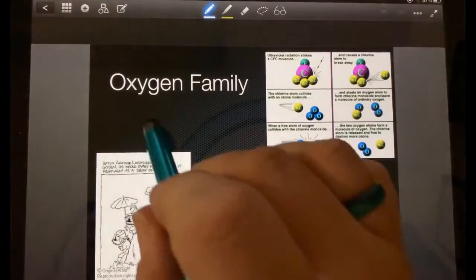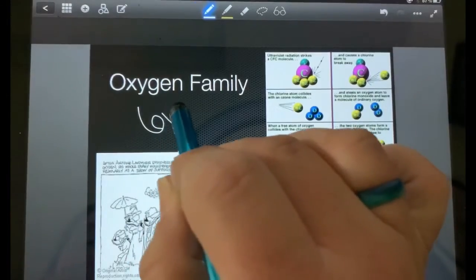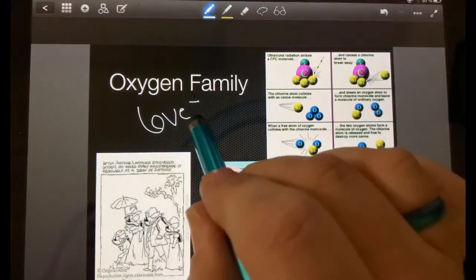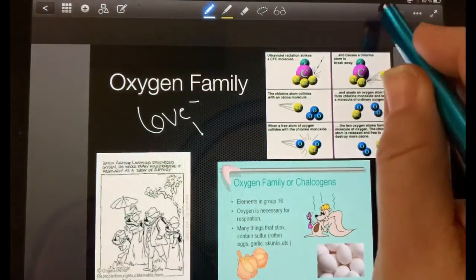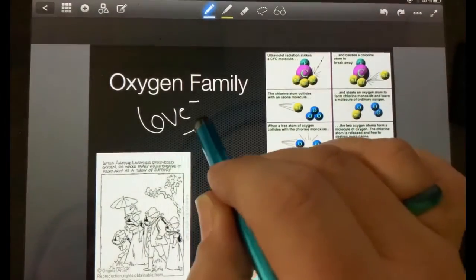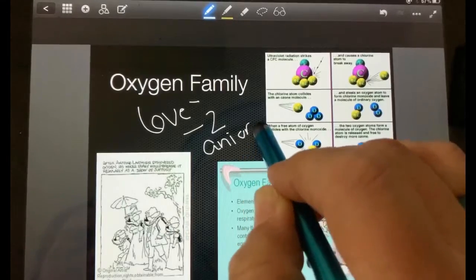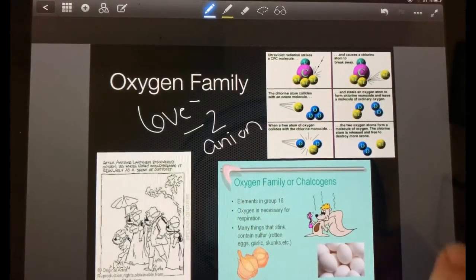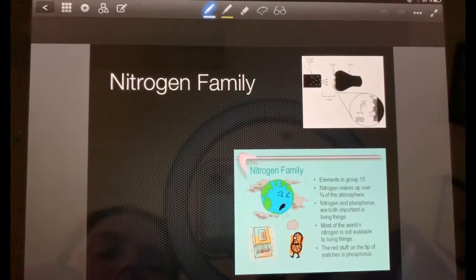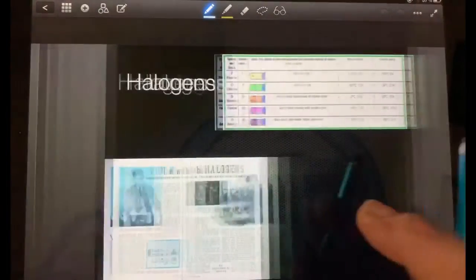Oxygen family, 6 valence electrons. -2 charge. Anion. Those are copies.